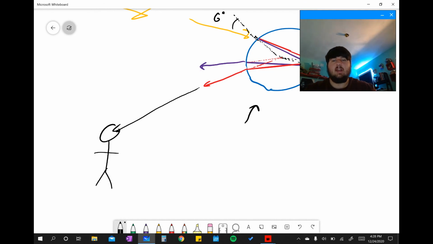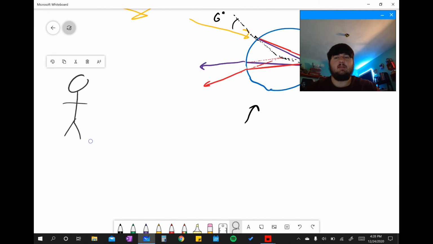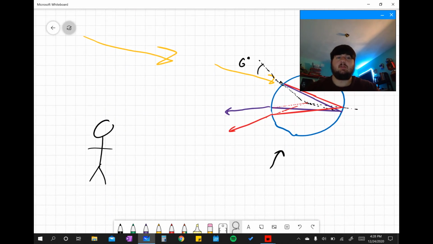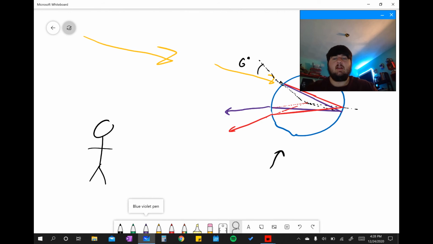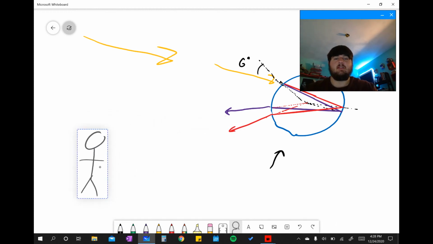But let's say that we're going to back this up. My computer can't handle me moving the whole water droplet, so imagine I'm moving the whole water droplet. I'm not moving the person. If the water droplet was a bit lower, like this, let's say it's a lower water droplet, now the red light won't be seen at all from the person, because the person would have to be way down here on the ground or something.